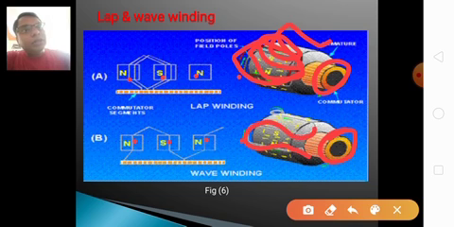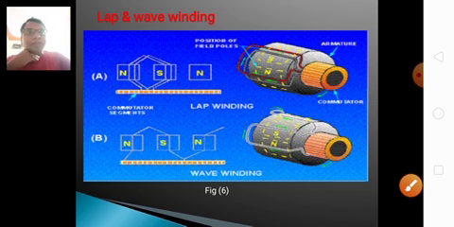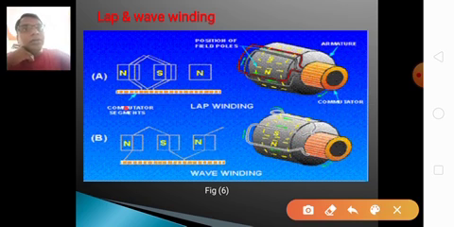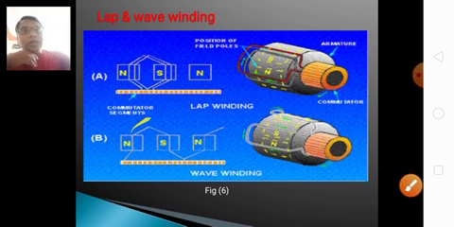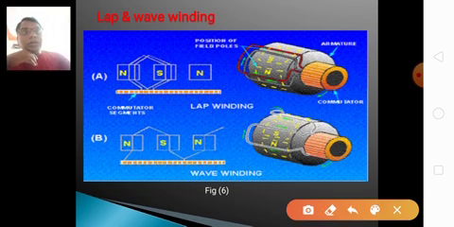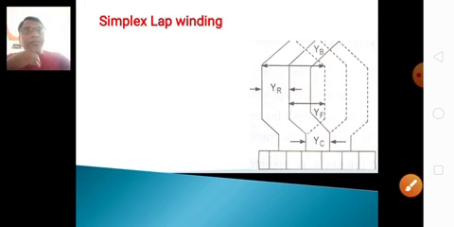Here it is wave winding. Suppose this coil is connected to the same pole, that is known as overlap winding. Here this coil is connected to the next pole, so this is wave winding.